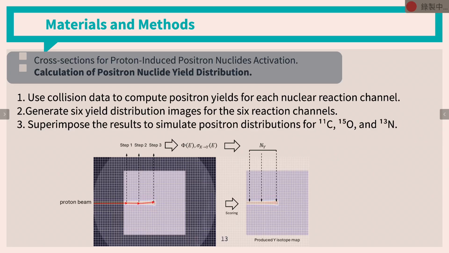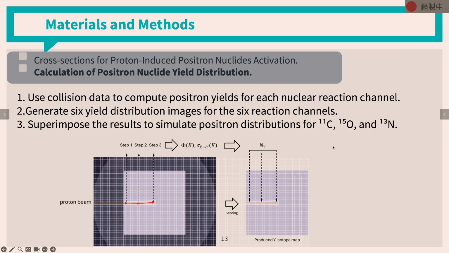Since I focused on 6 nuclear reaction channels, 6 positron yield distribution images are expected to be generated during the process. And finally, the distributions will be superimposed based on the products to simulate the positron yield distribution for carbon-11, oxygen-15, and nitrogen-13.